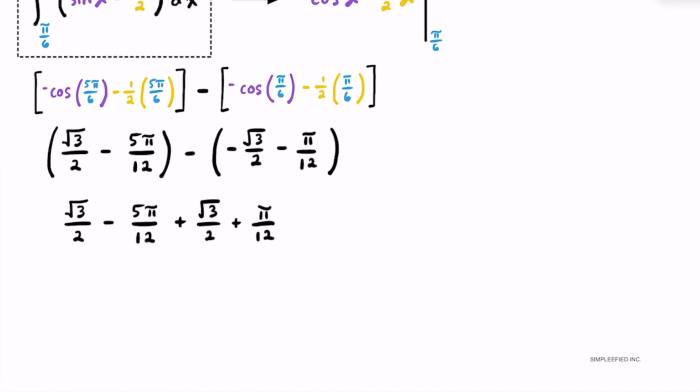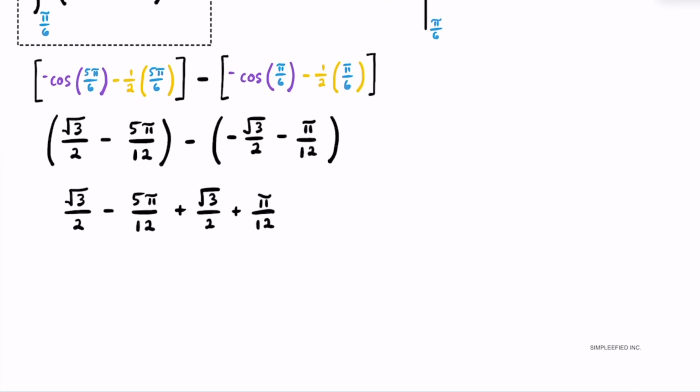All right, next let's just clean this up a little bit. So if we go ahead and simplify, we can combine some like terms here. So if we combine this root 3 over 2 and we add another root 3 over 2, that's going to equal 2 root 3 over 2. But then if we have this 2 root 3 over 2, the 2's are going to cancel, so we're just going to have root 3 if we add those two pieces together.